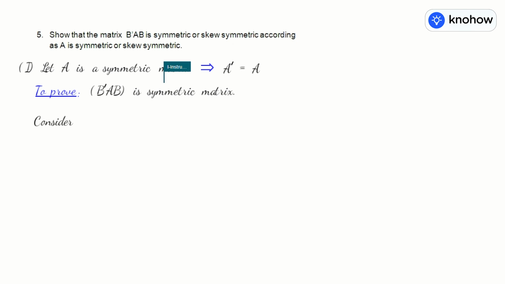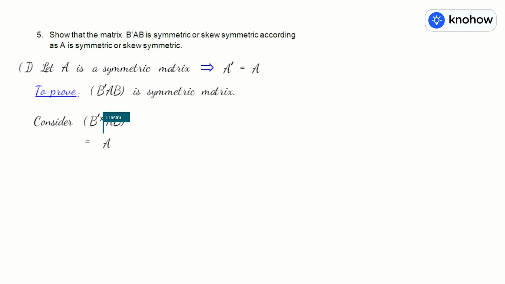So for proving it, consider B dash AB transpose. And here, though there are three matrices B dash AB, you consider it as the product of two, that is B dash into AB. And you know the transpose of the product is the product of their transposes but in the reverse order.